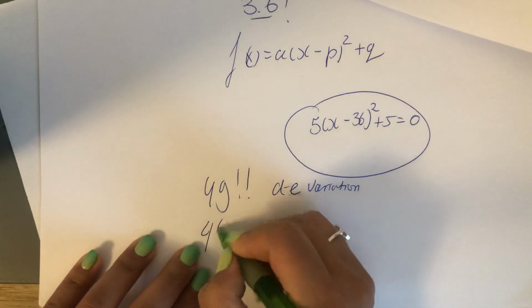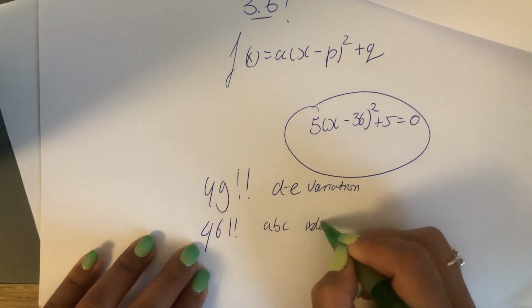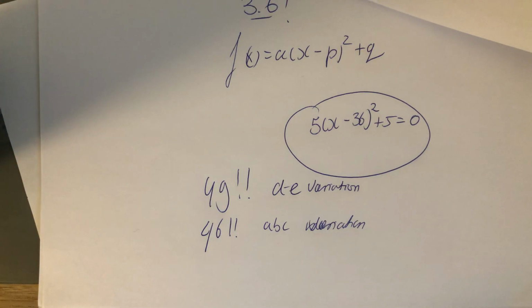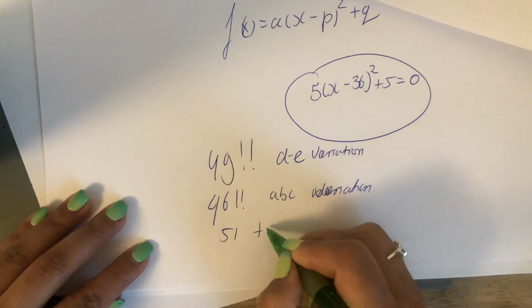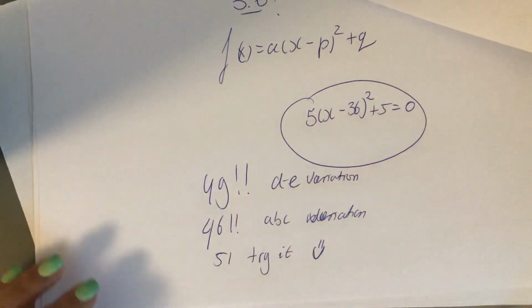So 46, that's with the ABC method of variation, I call it. And if you really want to see if you understand the chapter well, try 51. Try it. Answers are open for you, and I wish you the best, guys.